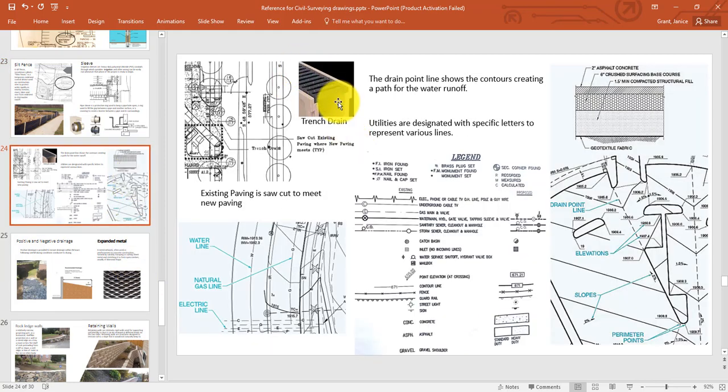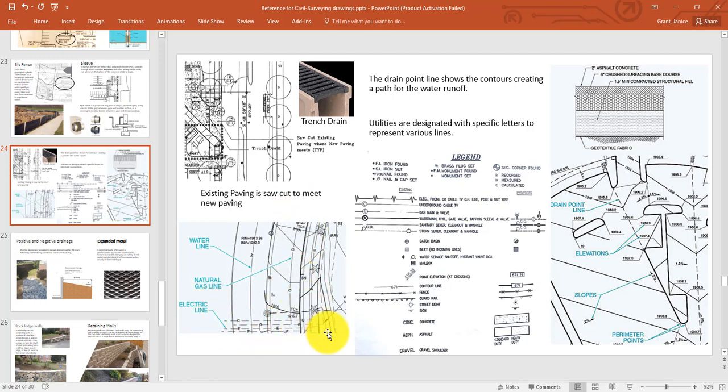Trench drains, you'll see those quite a lot. So the water comes down into the trench drain and sits there, sometimes continues on to be drained, but for the most part it's for temporarily holding the water. And there's some talk in the chapter also about utilities lines, so W for the water, G for the natural gas line, and some other ones like the electrical line.